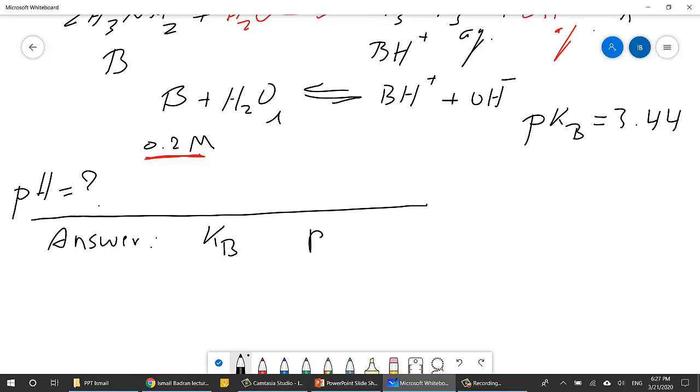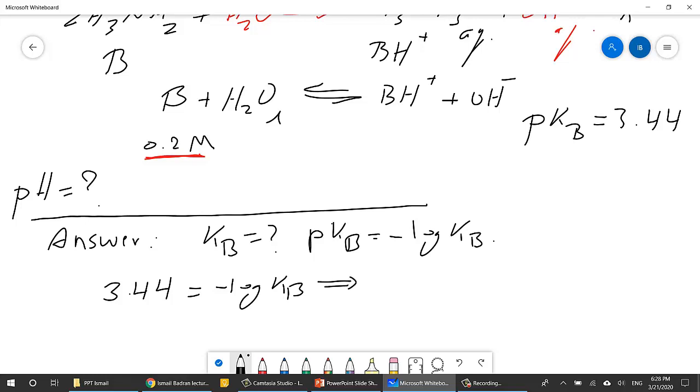We know that pKb is equal to minus log Kb. In mathematics, pX, p of anything, is minus log of that thing. So pKb is minus log Kb, pKa is minus log Ka, pX is minus log X, and so on. So this means 3.44 is equal to minus log Kb.